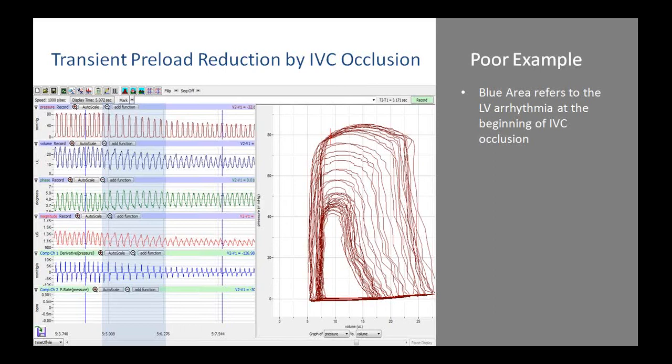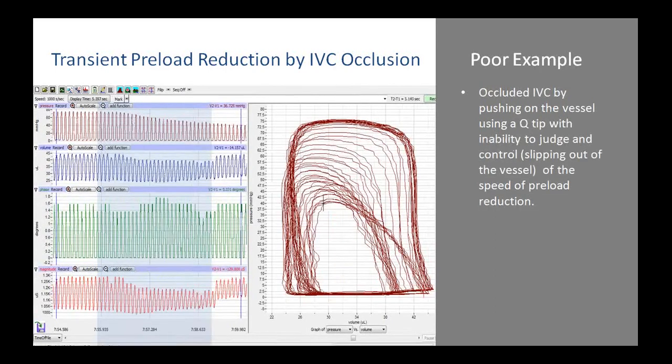Moving to the next slide. In this example, IVC occlusion in mouse was done by pushing a Q-tip on the vessel. We have discussed that, and this will not be the best practice for a variety of reasons. Some reasons are, by using a Q-tip, you're not able to judge the power of the pinch, so to speak, on the vessel.